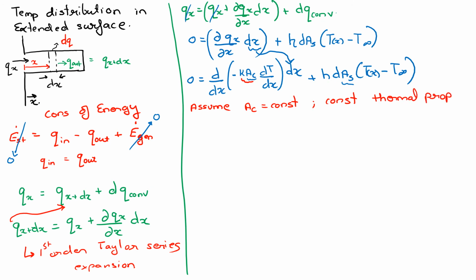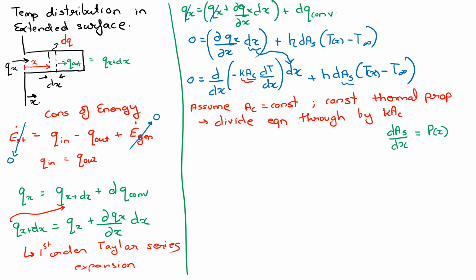So we can take kA_c outside and we'll divide the equation through by k times A_c, and we can also write dA_s by dx, that's the surface area divided by the thickness of the control volume, as the perimeter at that particular location.